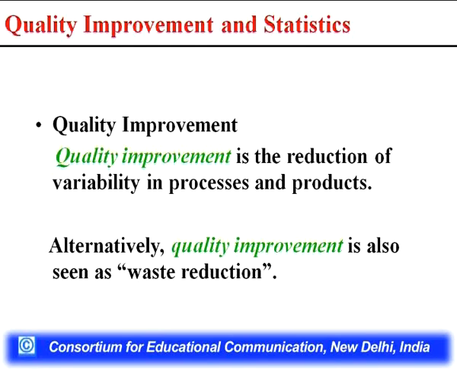What is this variability? In the processes or in the products, we are going to discuss it soon. Unless we understand the meaning of variability, we cannot talk of the quality of the product, and we cannot talk of means to control the variability and the quality of a product.